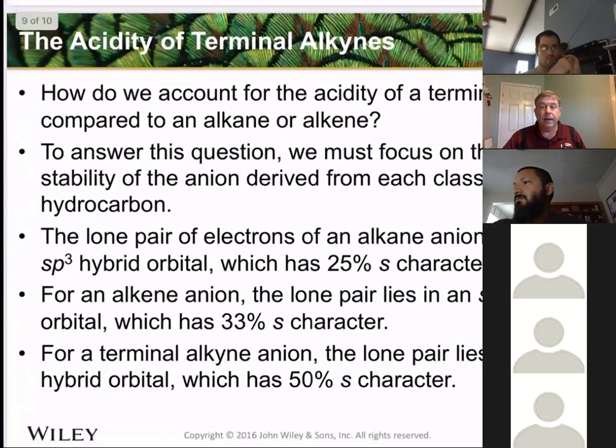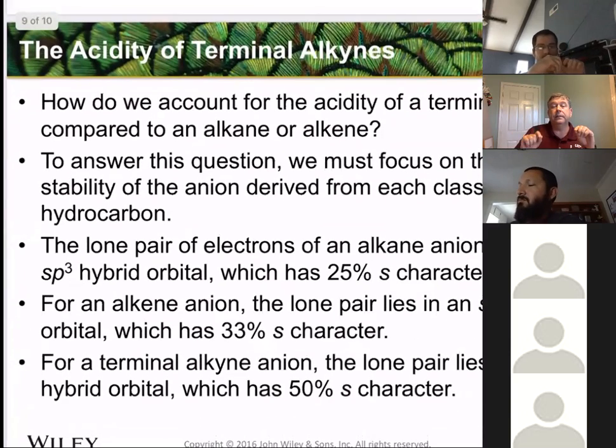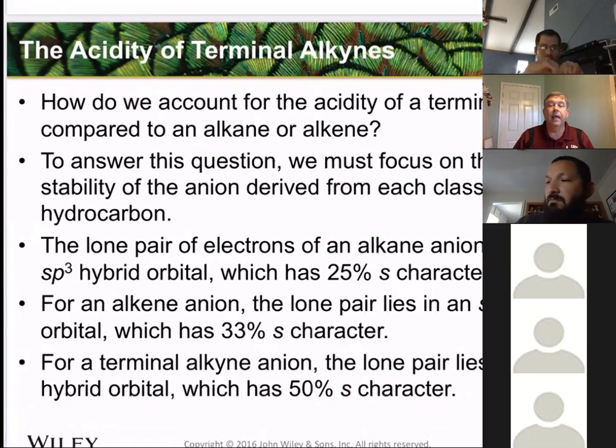Okay. Now, because the alkyne has sp hybridized carbon, that changes the acidity of the hydrogen, okay? The alkane has sp3 hybridization, and because it's sp3, the pKa of that hydrogen is 51. That's not very acidic. It's the weakest acid we have, okay?